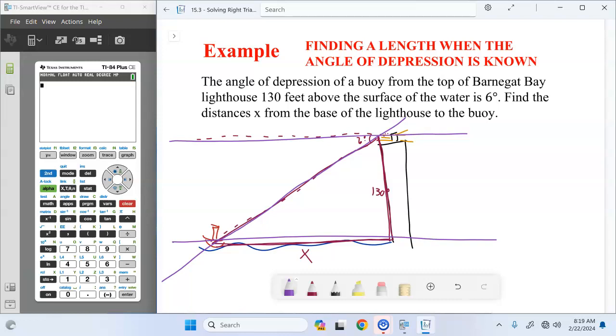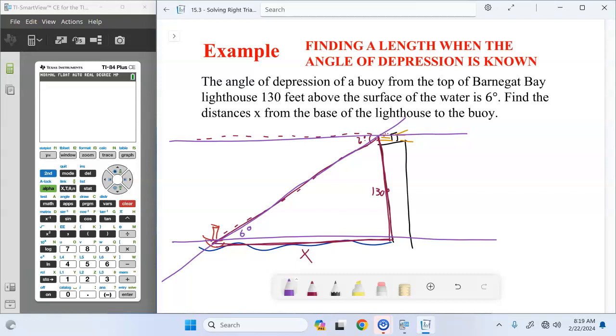What do we know about alternate interior angles? They're the same. So, if my angle of depression from the lighthouse is 6 degrees, the angle of elevation to the lighthouse also has to be 6 degrees.